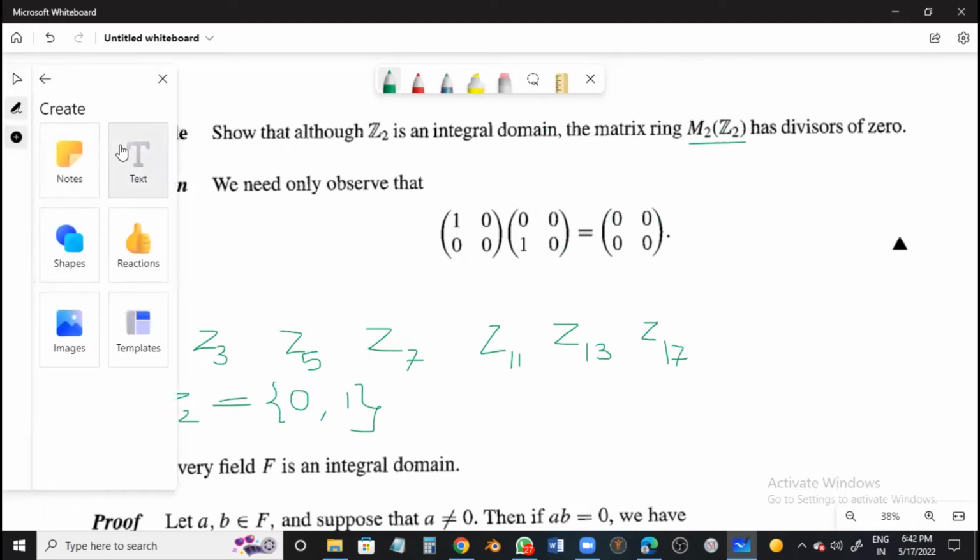Madam, how to write M2Z2? I'll tell you.